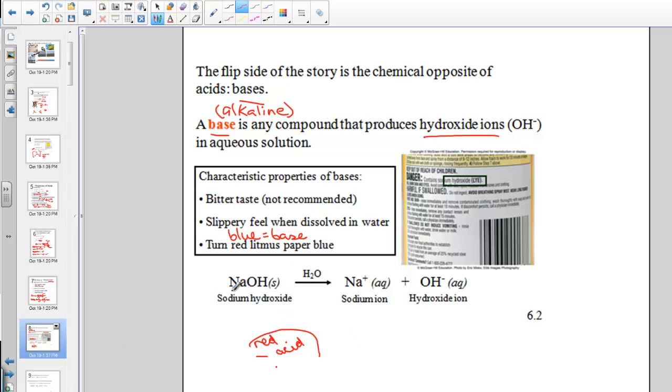A good example is sodium hydroxide, and this is commonly sold as a compound called lye. NaOH as a solid form, when dissolved into water, forms aqueous ions. It releases sodium, Na+1, in an aqueous form, and hydroxide, the OH -1, as the hydroxide polyatomic ion.